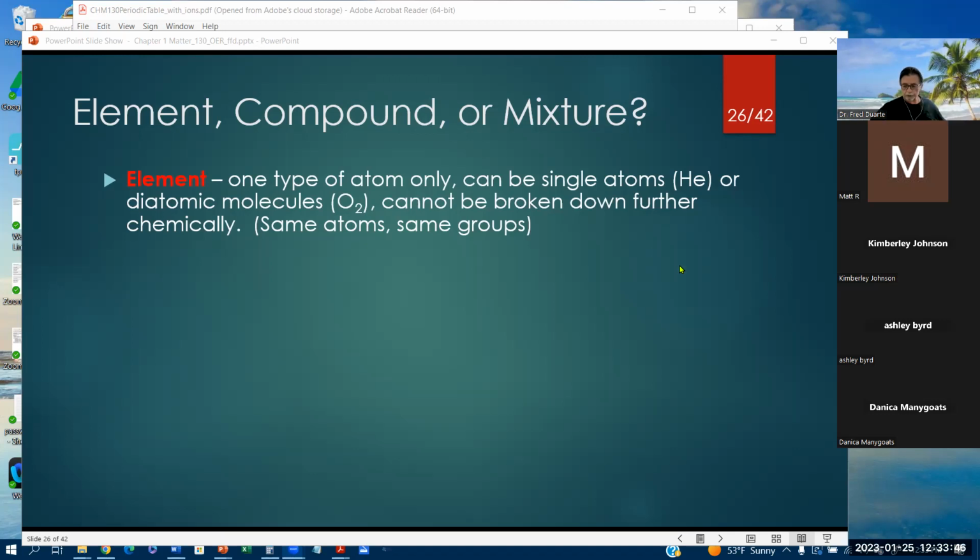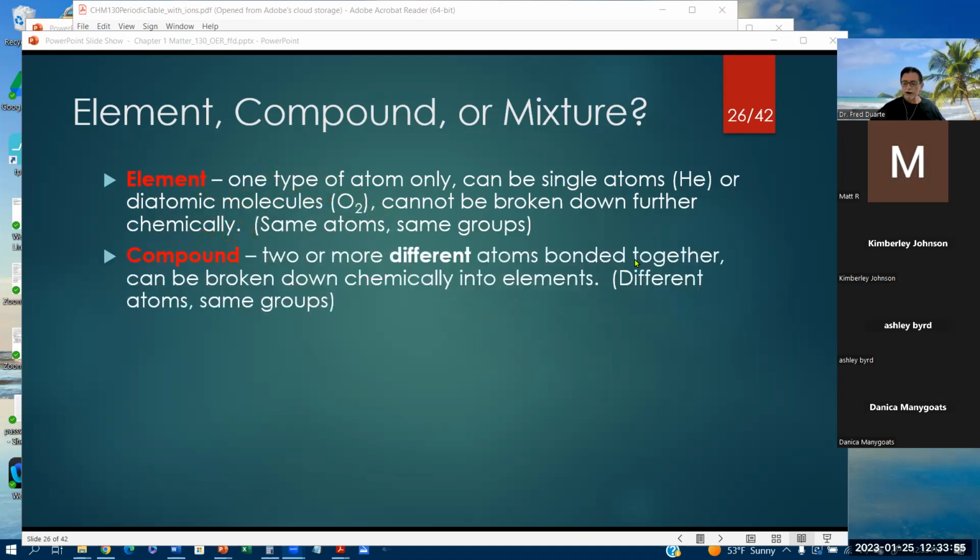So if we take an element, we try to break it down, we start playing with the subatomic particles. Unlike the compounds, which are made up of two or more different elements. We can take a compound and break it down to the elements.